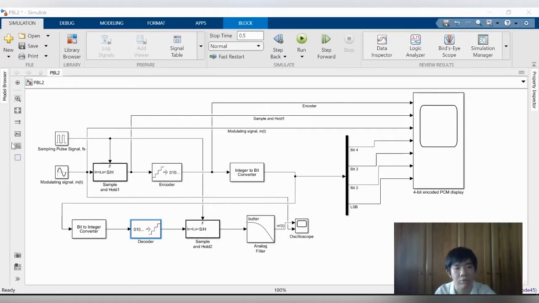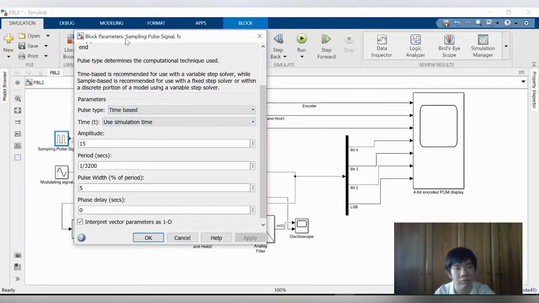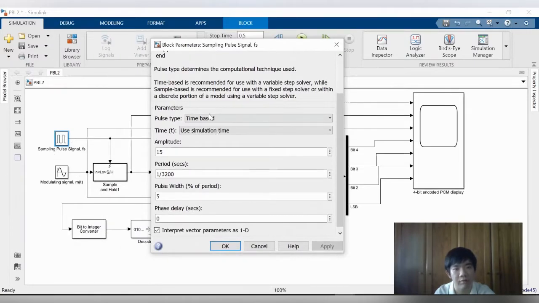So now we will try to do the simulation based on part D1. So for part D1, the VM is 15 volt. For the FF block, the amplitude is 15, and the period is 1/3200 second, since Fs is equal to 3200 hertz.